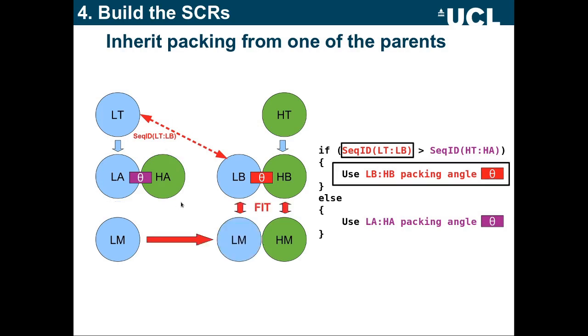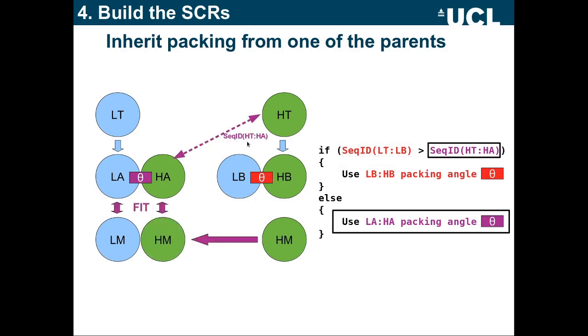So what we end up with is, if this were the higher sequence identity, then we'd use this packing angle, and therefore we take our model of H, the heavy chain, and fit it onto heavy chain B, and we take our model of the light and fit it onto light chain B, and that gives us the packing angle that we've inherited from there.